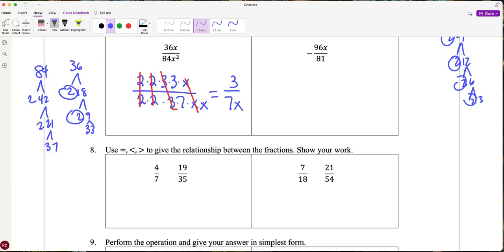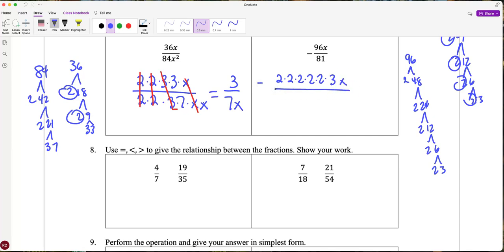Negative 96x over 81. So 96 is 2 times 48, which is 2 times 24, 2 times 12, 2 times 6, 2 times 3. So 1, 2, 3, 4, 5, so 2 to the 5th times 3x.